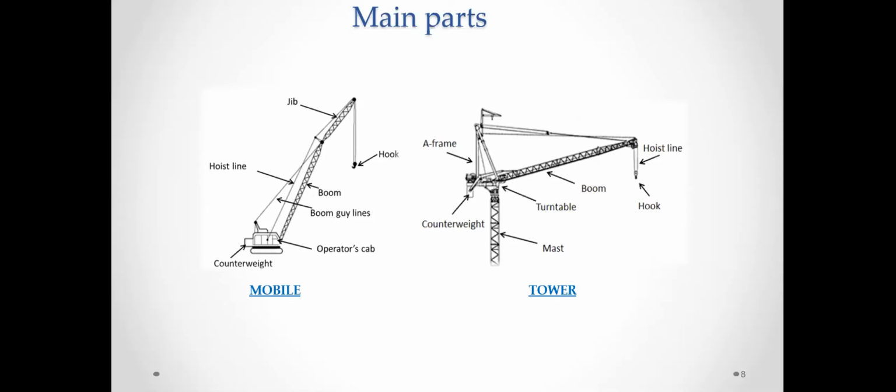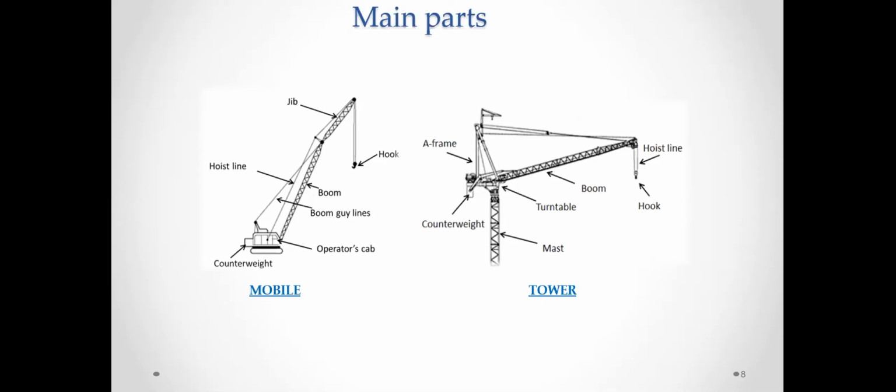For the mobile cranes, there are some variations on the boom. For example, we have the telescoping boom, which is comprised of a series of concentric tubular parts that can extend or retract, and you can see it in one of the pictures I showed you in the first slide.